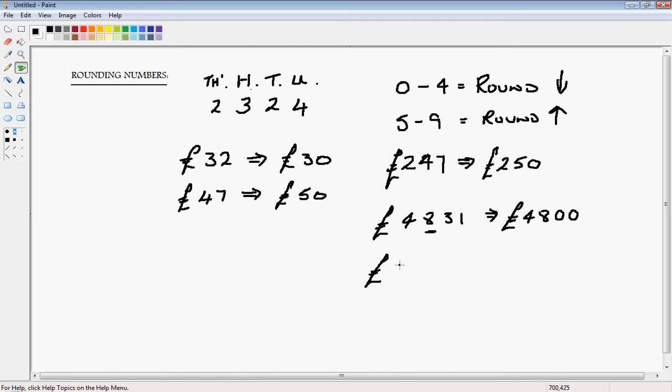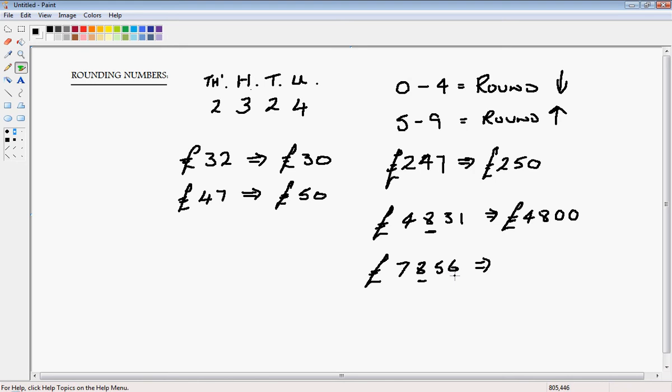So again, if we have 7,856, now if we round this to the nearest 100, we go to the hundreds, so we've got 800. So now is 856 closer to 800 or 900?